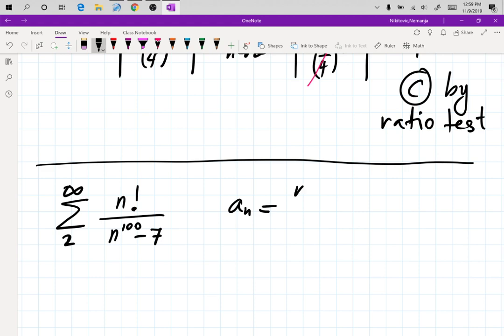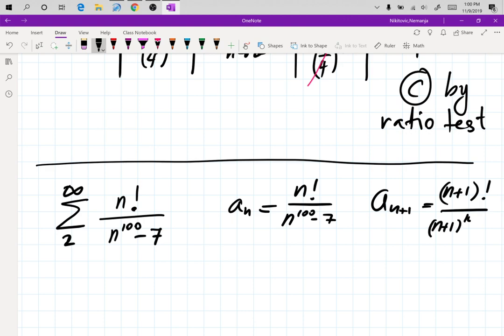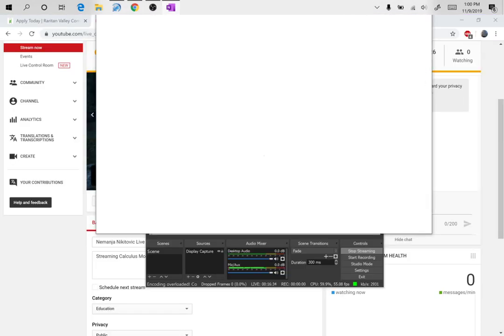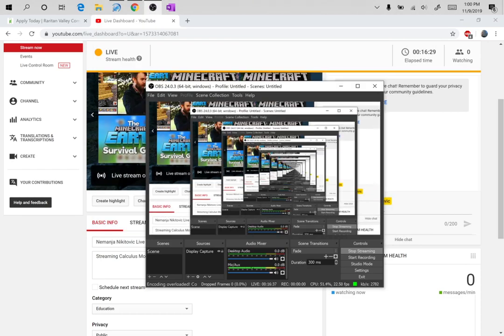Now I have n factorial divided by n^(100) minus 7. a_(n+1) is going to be (n+1) factorial divided by (n+1)^(100) minus 7. So now I have to do the limit as n goes to infinity. And what do I do? Well, you separate it as n. What just happened?